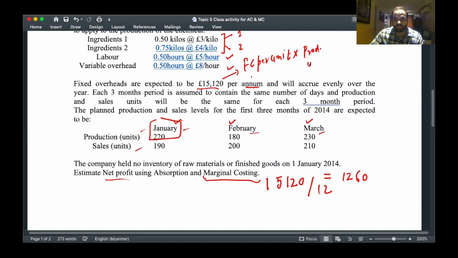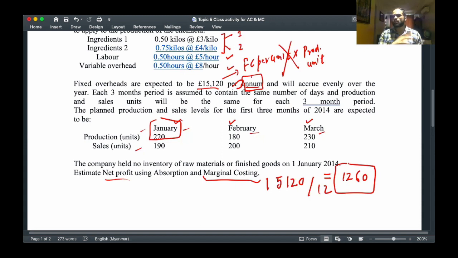Normally you do that, but you don't need to do that here. The total is given. 1 year is given, so you just need to convert it into 1 month. Make it simple. Under absorption costing, you need a fixed cost per unit because you are calculating total manufacturing cost per unit. But here, you have a total, you convert into per unit, and then you convert into total again. You don't have to do this.